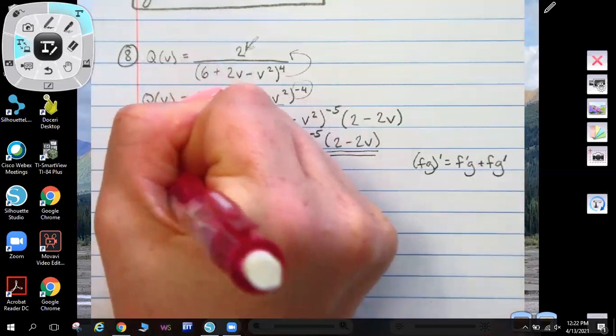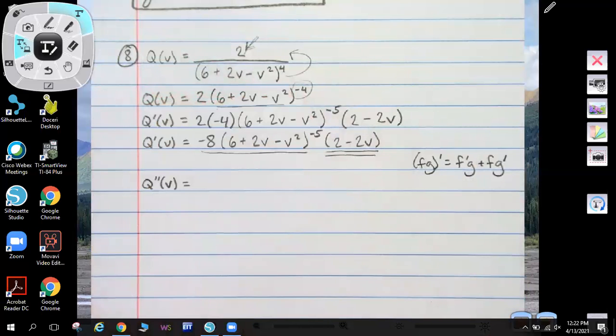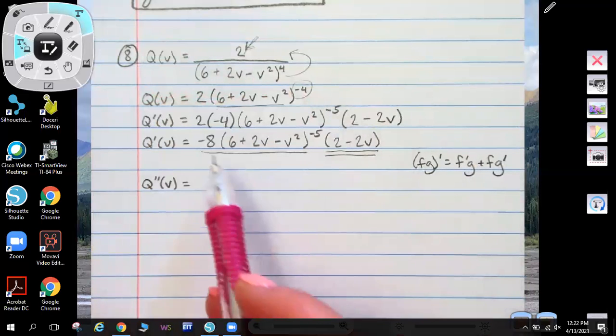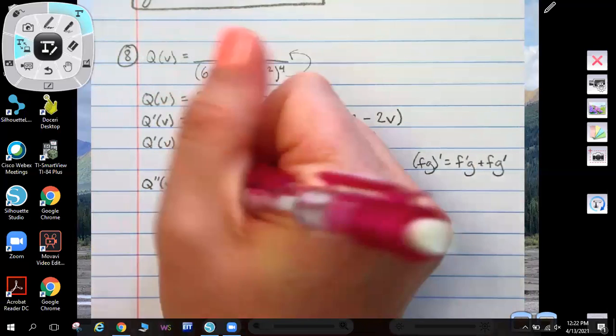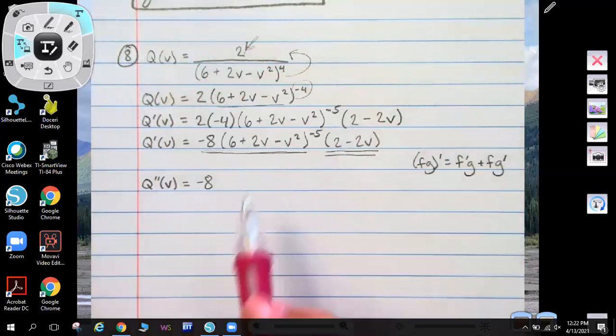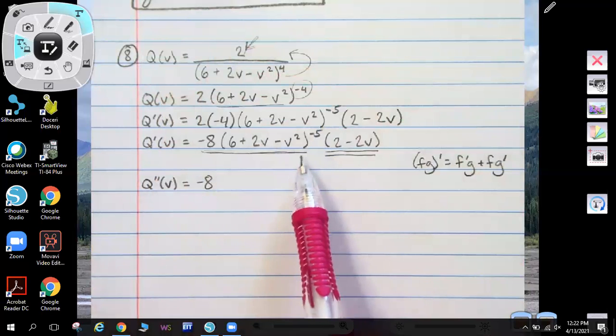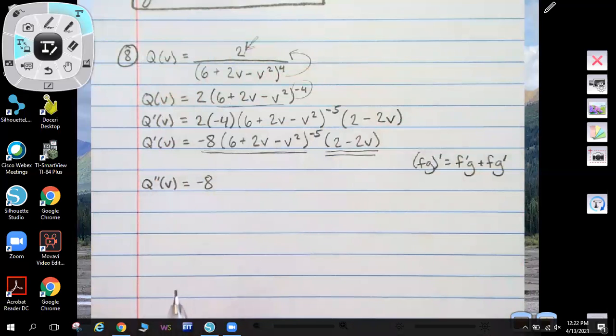So when we take the second derivative, we're taking the derivative of the first function. In this one, the -8 is going to stay, and then we're going to take the derivative of this function, which we'll have to use the chain rule again to do.